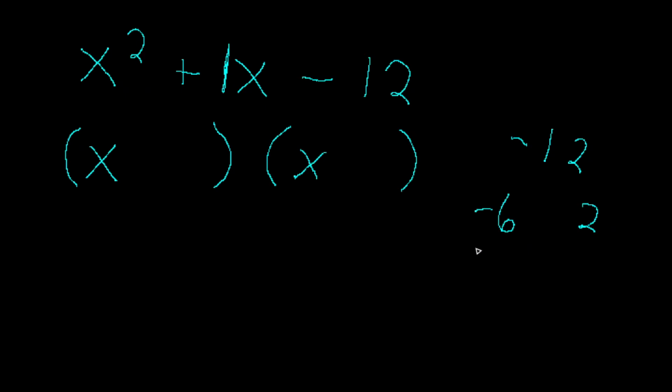Well, that doesn't work. What about negative 3 and 4? So negative 3 times 4 is negative 12, and negative 3 plus 4 would give us our 1. So we just plug in our negative 3 and our positive 4.